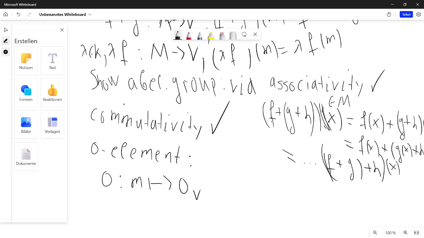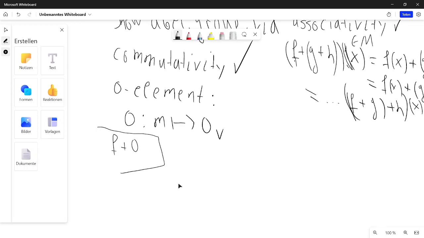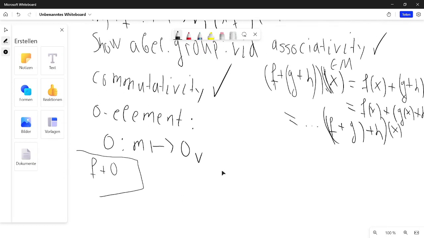So the zero element is what we pointwise add to our respective functions. So f plus 0 is evaluated at each point as f of x plus 0, and this gives f of x. Of course it's the neutral element, the zero element.